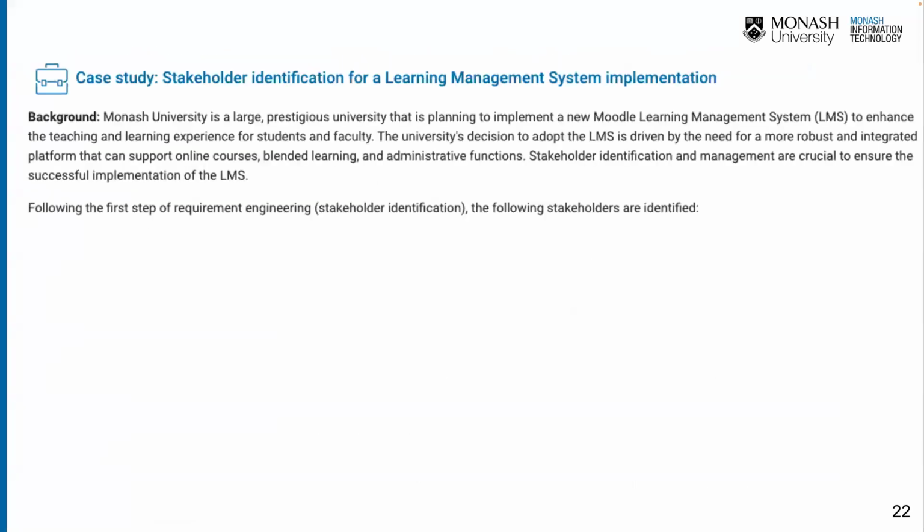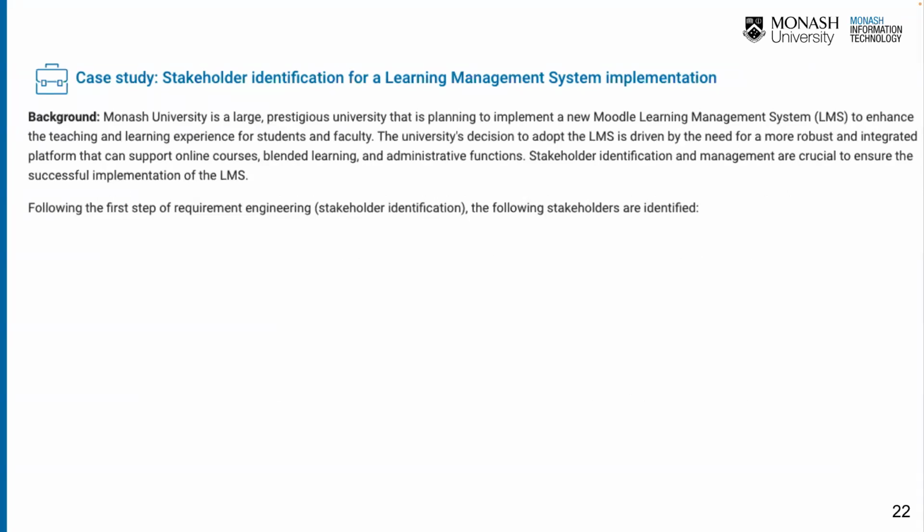Let me give you an example, okay? Let's read this one together as a case study. We talk about stakeholder identification for the LMS, learning management system, like Moodle, okay? The background here is that Monash Uni is a large prestigious university that is planning to implement a new Moodle LMS, which is the version that you are using at the moment, Moodle 4.1, in order to enhance the teaching and learning experience for students and faculty.